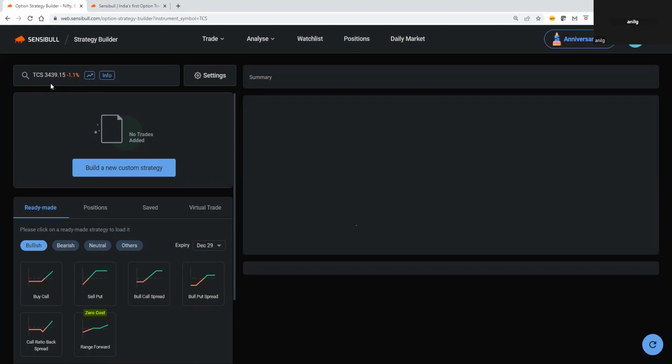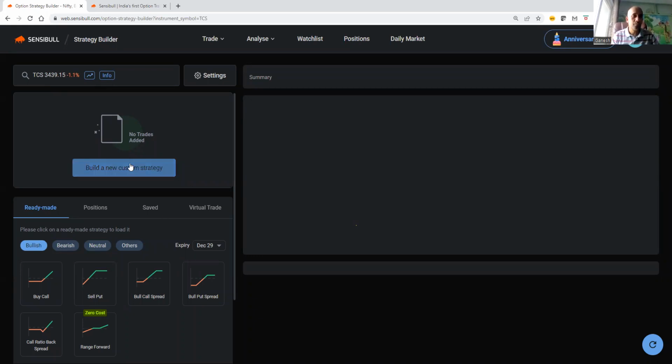What I would expect from now is that TCS would not break 3,500, and at the same time TCS is unlikely to break 3,300. My expectation for TCS would be 3,300 to 3,500. That is my view.